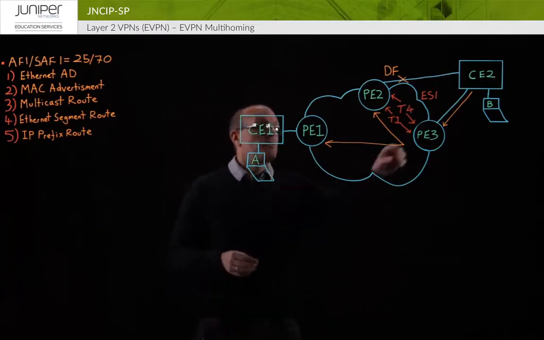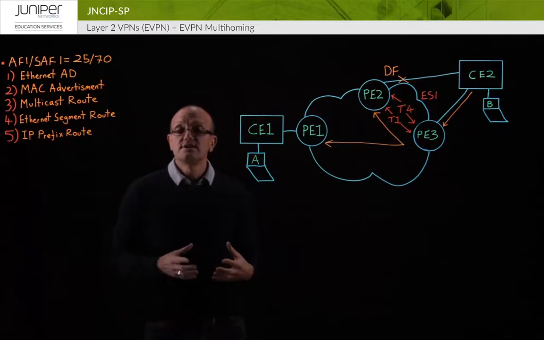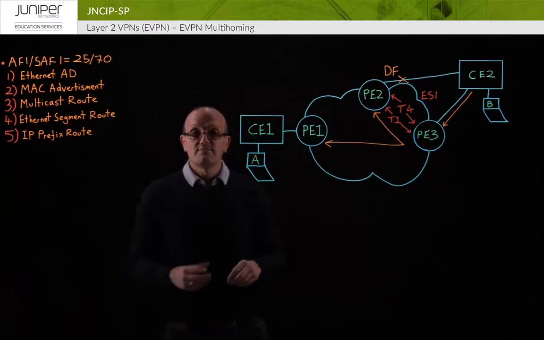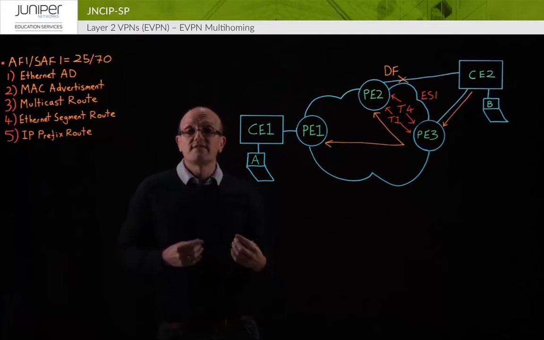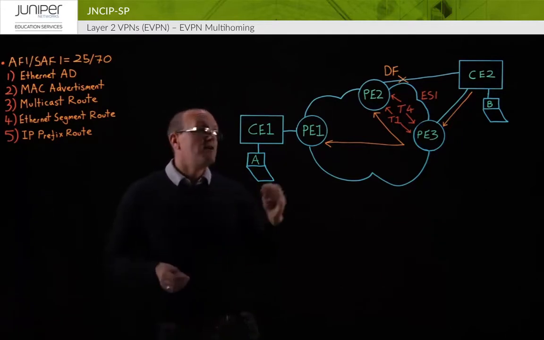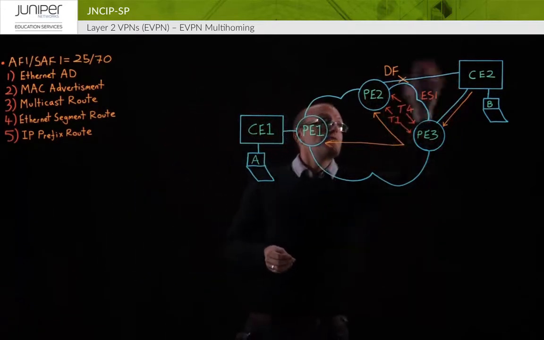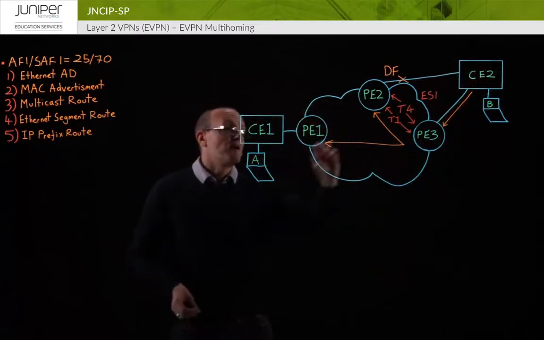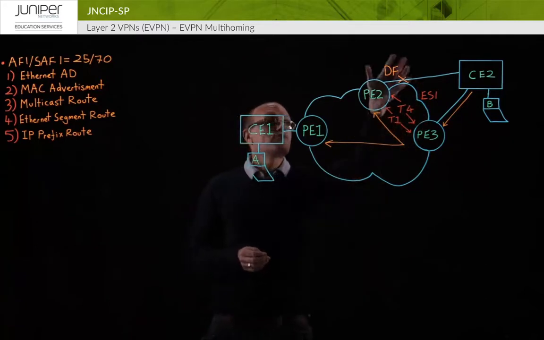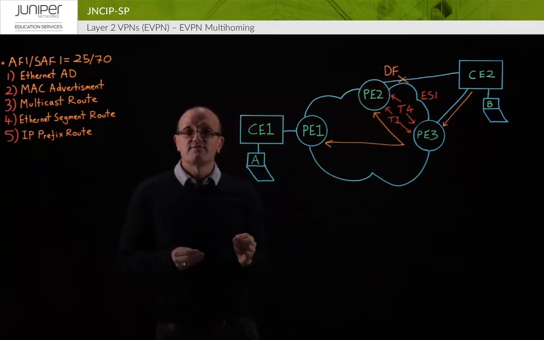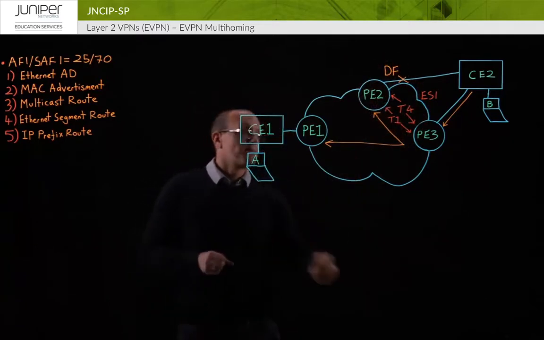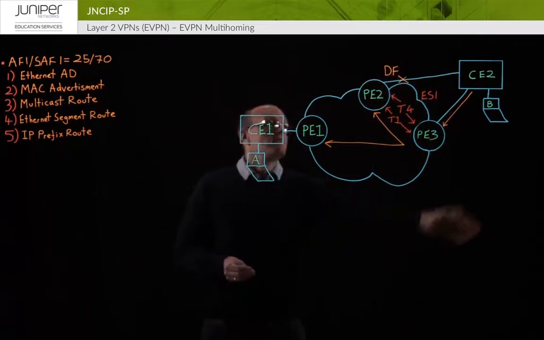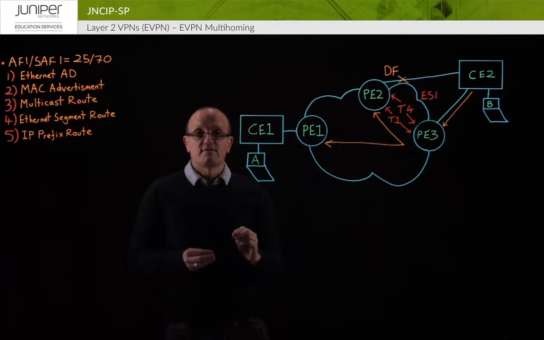And within this T1 route advertisement, we extract a label value. And this label is appended to all frames that are received from a multi-homed CE that are sent by PEs that are not the elected designated forwarder. So in this case here, PE3 is not the designated forwarder for this Ethernet segment.